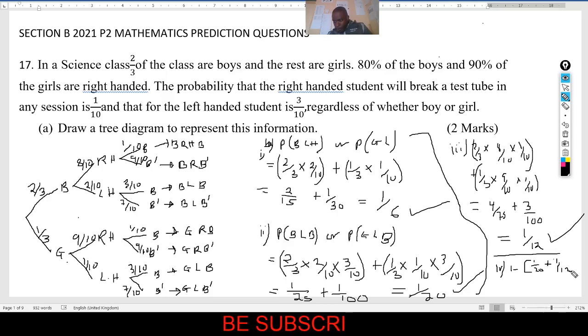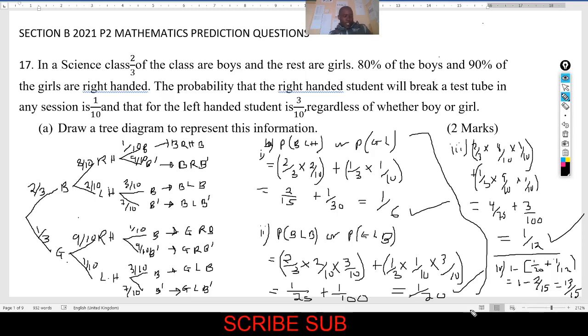You add the two, you subtract from 1. So this is 1 minus 1 over 20 plus 1 over 12, you get 2 out of 15. And you subtract the 2, you get 13 out of 15.